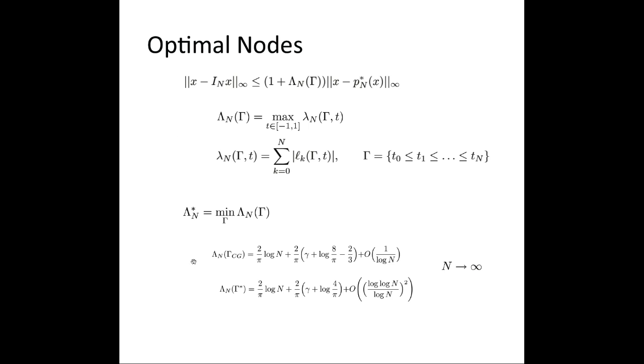And we can prove that as the number of interpolating points goes to infinity, there is a certain order of convergence of the error in the approximation outside of the sampling nodes.